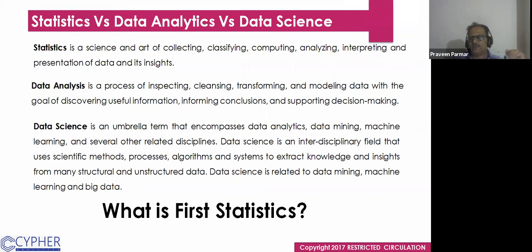Data science is an interdisciplinary field that uses scientific methods, processes, algorithms, and systems to extract knowledge and insights from structured and unstructured data. Data science is related to data mining, machine learning, and big data. So data science is an umbrella term.